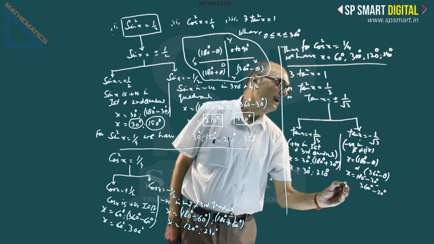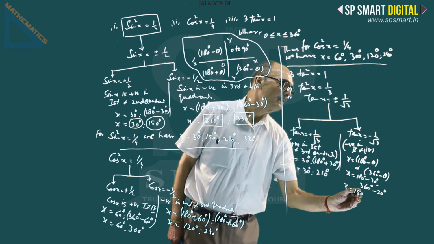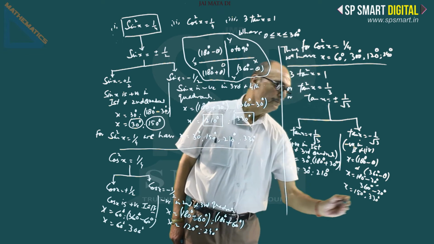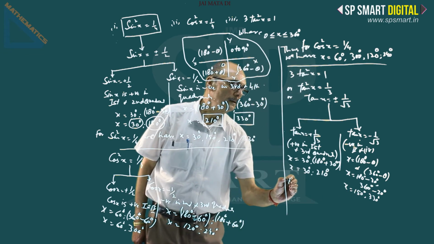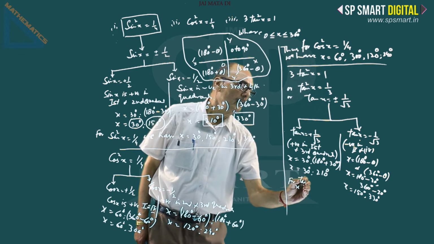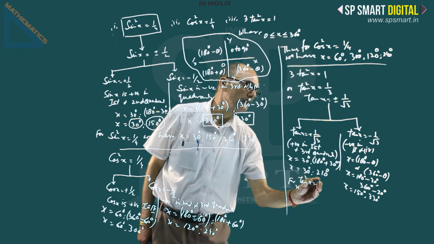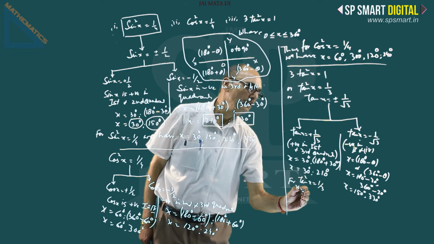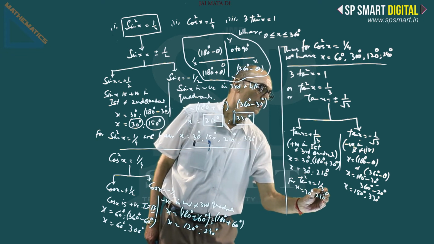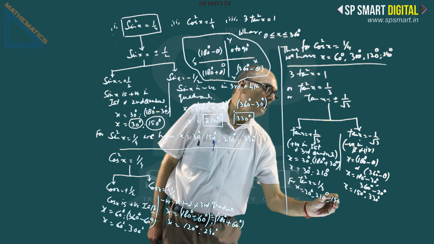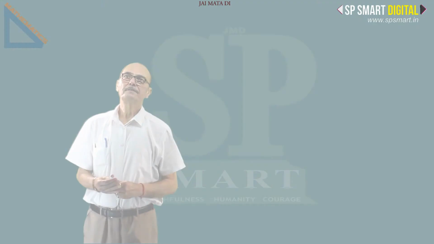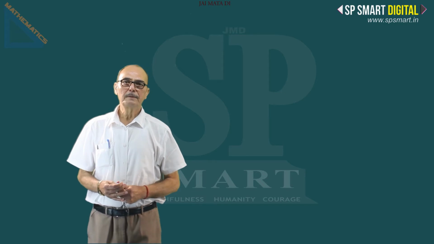Finally, x equal to 150 degrees and 330 degrees. So, finally, for tan square equal to 1 by 3, we have x equal to 30 degrees, 210, 150 degrees and 330 degrees.